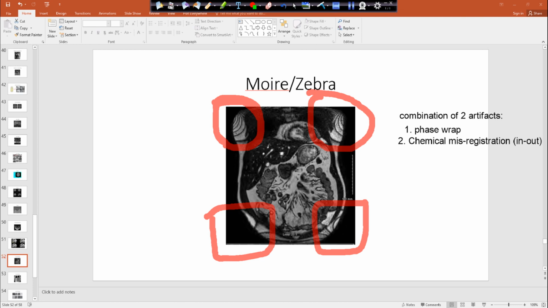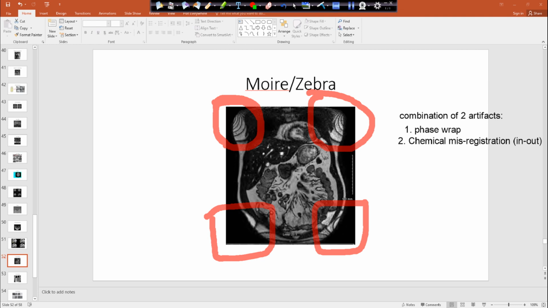And these usually happen at the edges of the field of view. So once again, you're undersampling the data, so you get phase wrap, and then it's a gradient echo pulse sequence. So anywhere you get fat and water, those interfaces, you'll get this chemical misregistration. So you're combining two artifacts to create this zebra effect, also called moire, French.